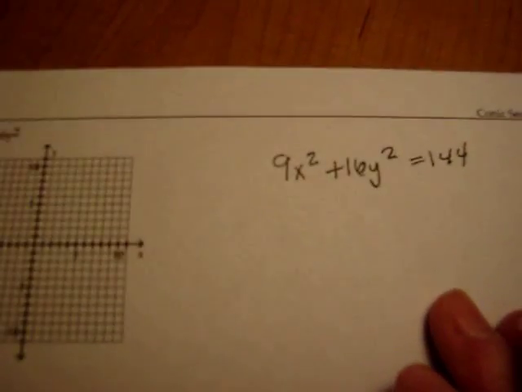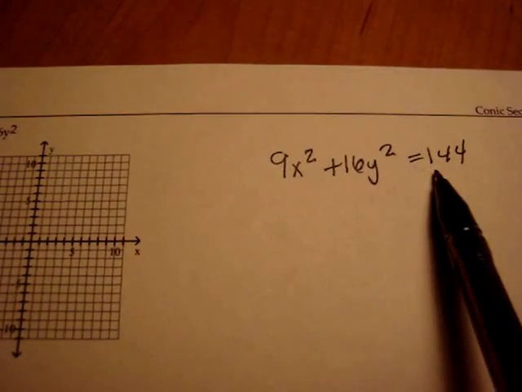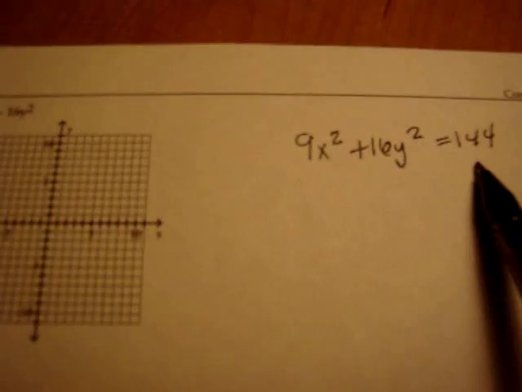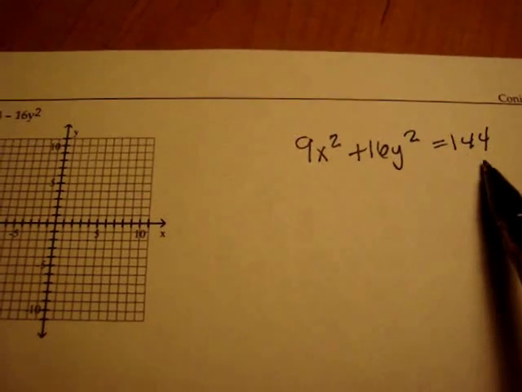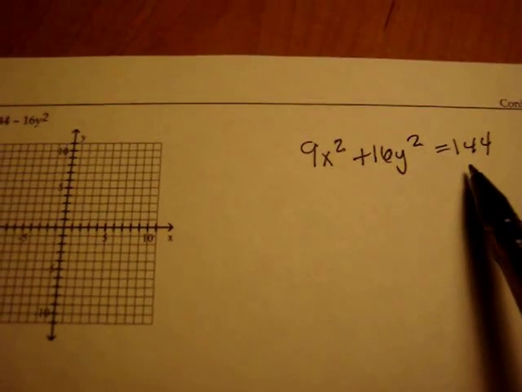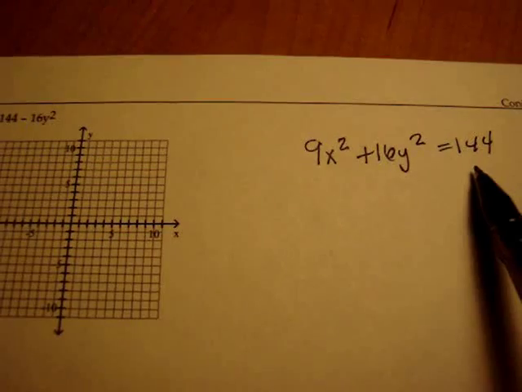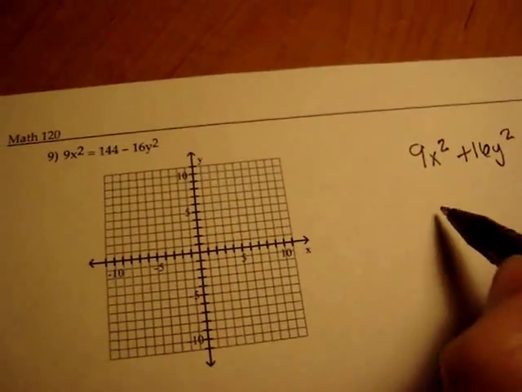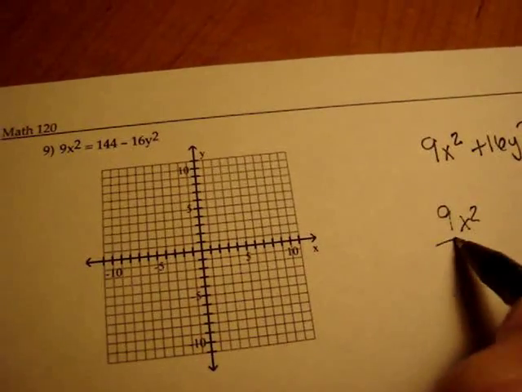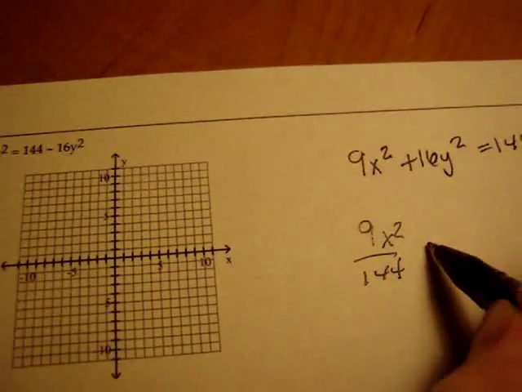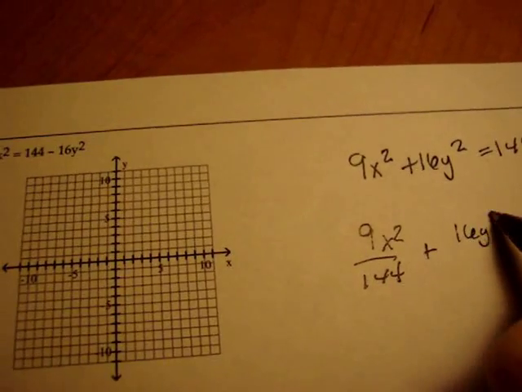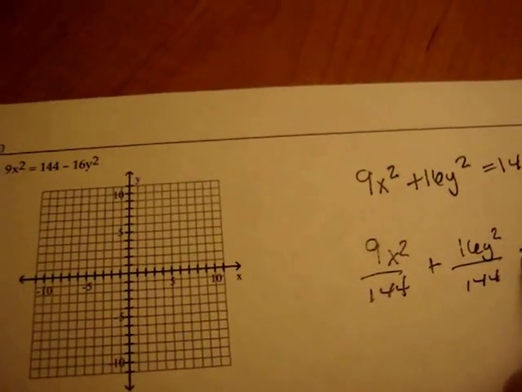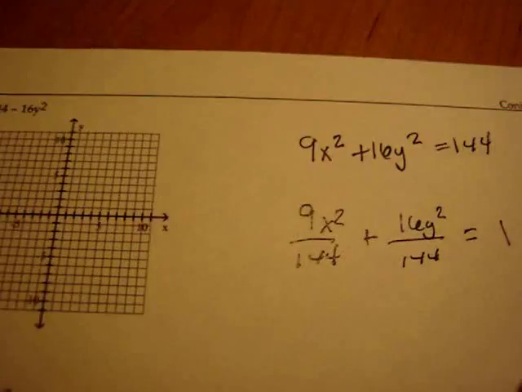Now remember, the standard equation of an ellipse has a 1 here. So what we have to do is divide by whatever this number is in order to make that a 1. So I want to divide everything by 144. I will get 9x squared over 144 plus 16y squared over 144 is equal to, now that will be 1.